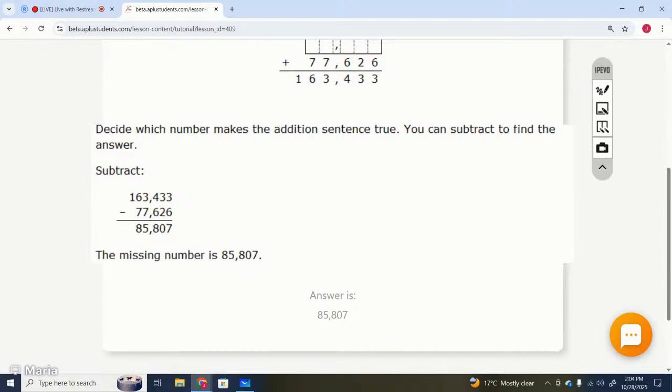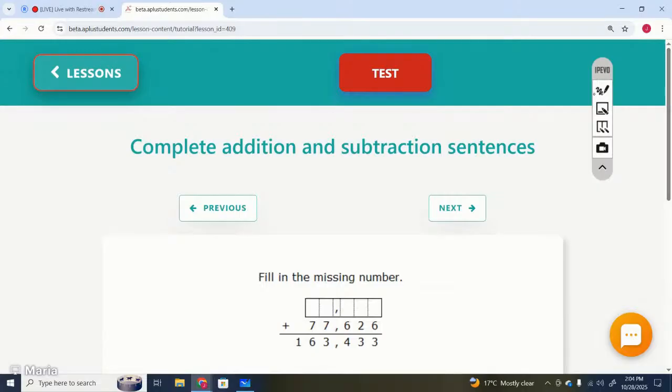So their difference is 85,807. Let's just start with the test question.